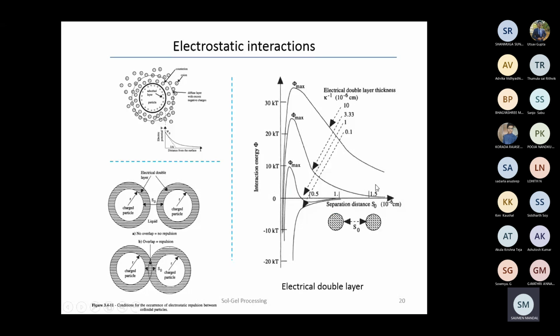You can see the electrical double layer thickness in this plot. When the electrical double layer thickness is very high, the interaction energy is also very high. We are not going into details, but just keep in mind that electrostatic interaction is one way to get a stable dispersion, and in that case we may get a stable Sol.